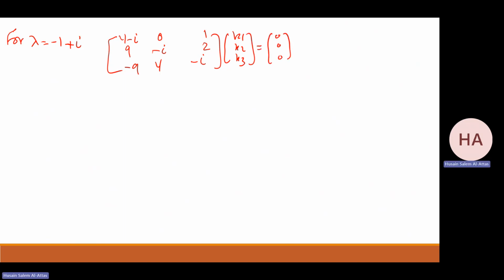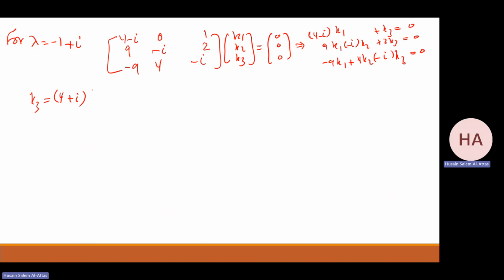How to solve this system? I have actually 4 minus i K1 plus K3 equals 0. From the first one, I can get K3 is minus 4 plus i K1. This is from the first one.